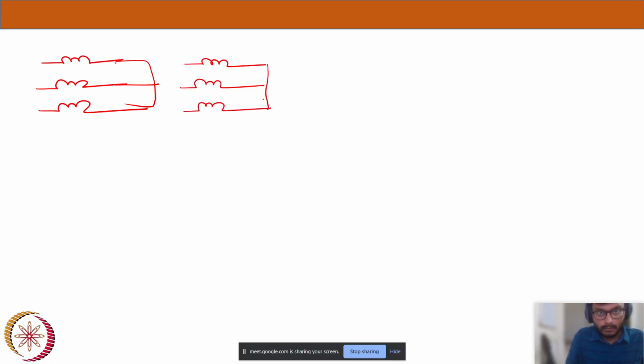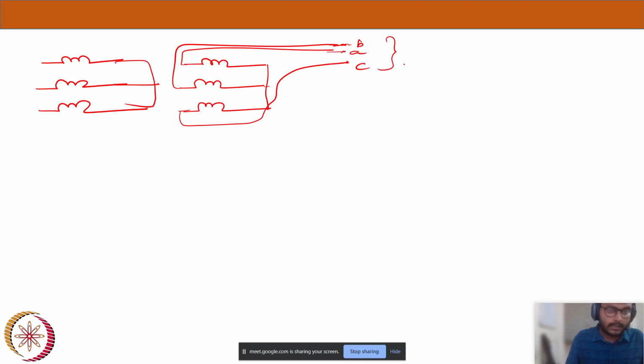So this is my secondary. This one is A, this one is B, this one is C. Now I'm taking these output terminals to a three-phase balanced load.